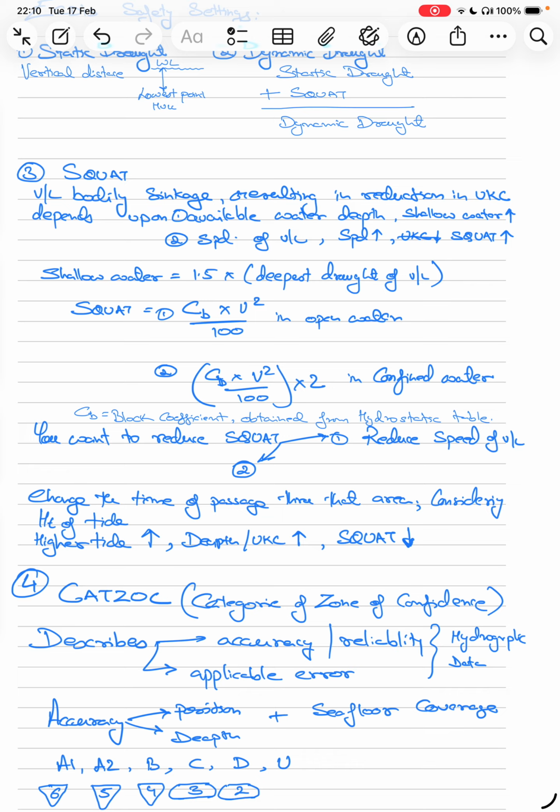Why? Because the more height of tide there is, the more water there will be underneath the vessel, and the vessel will squat a little bit less as compared to when there was lesser water. If the water is less, the effect of squat is more pronounced. If the water is more, the effect of squat is comparably less.